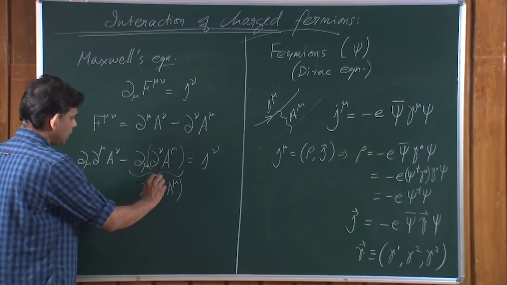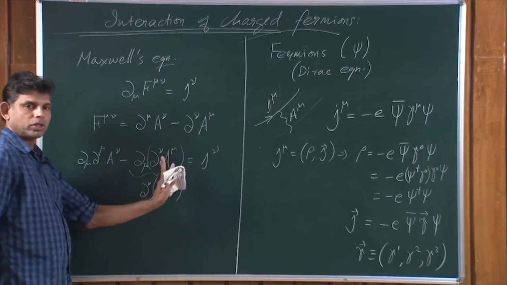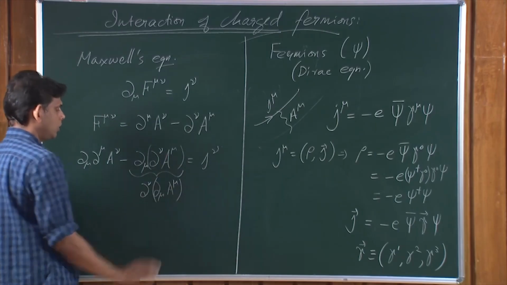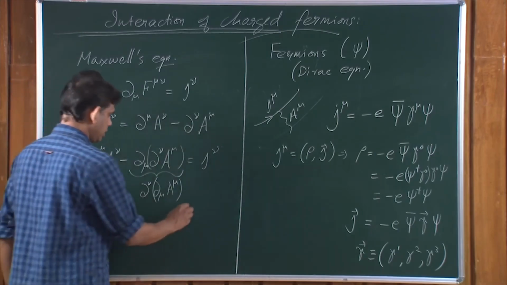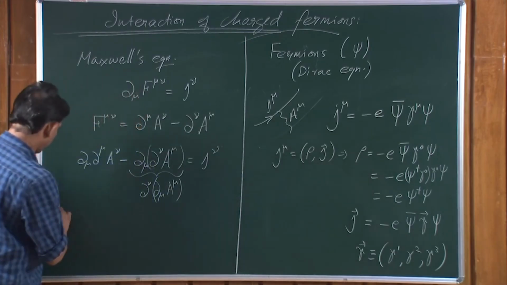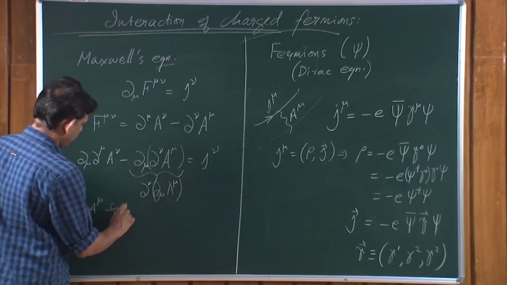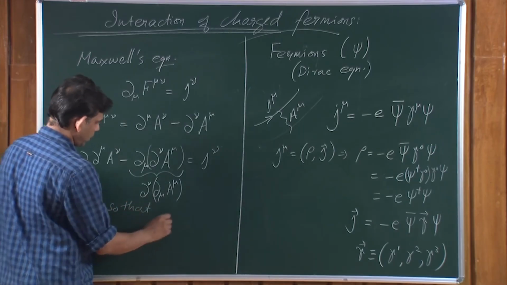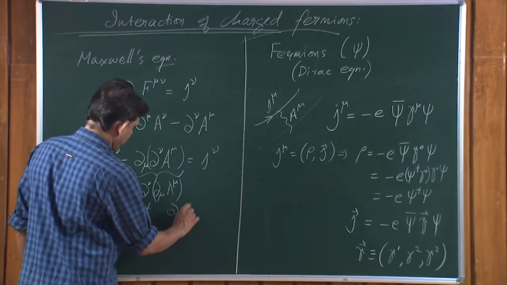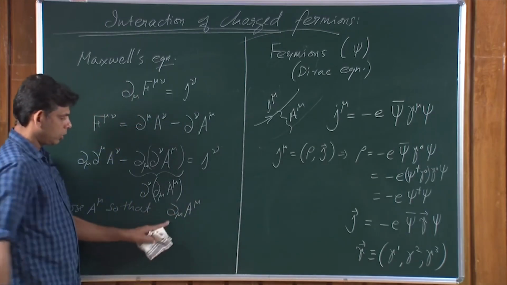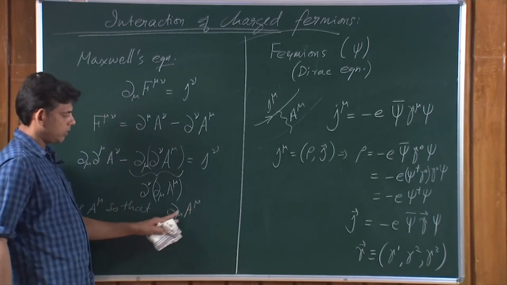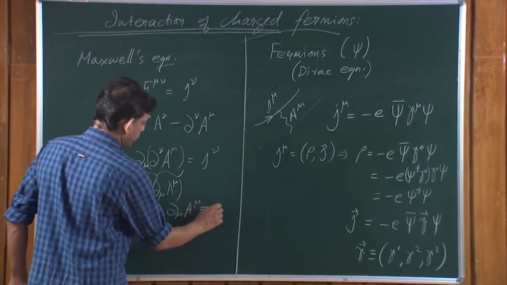So, we will say that we have chosen an A which has this particular condition satisfied, that is, choose A so that dou mu A mu, that is basically the dot product between these two, or the 4 divergence of A vanishes.